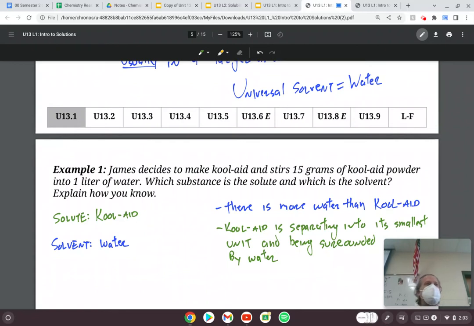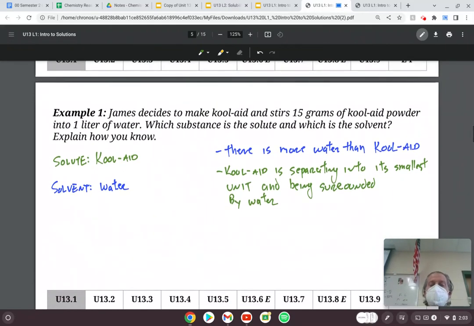So that's one example of identifying the solute versus the solvent.